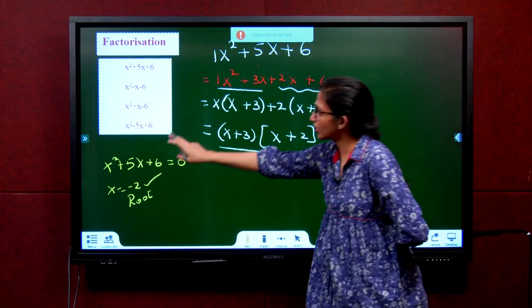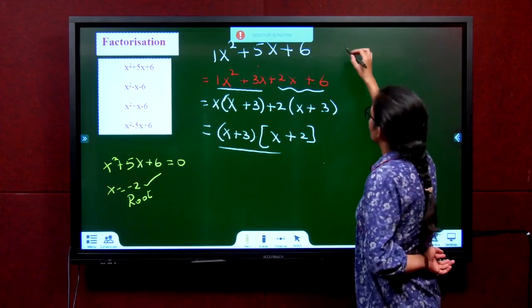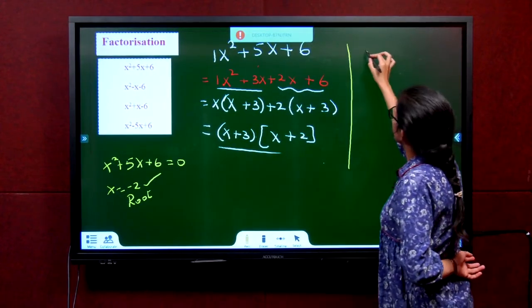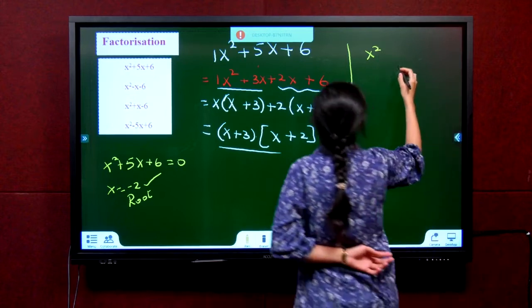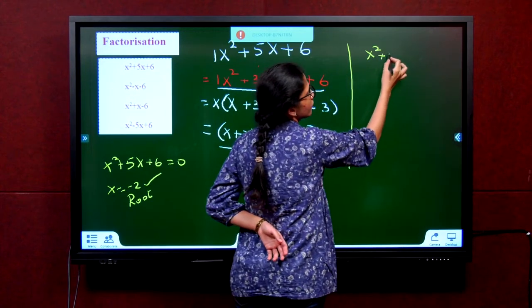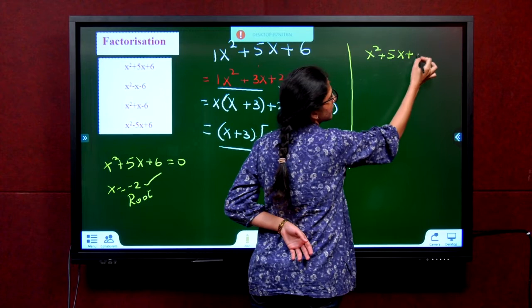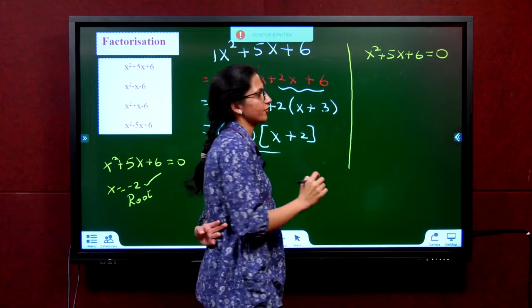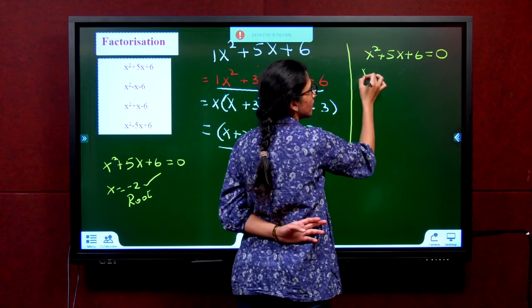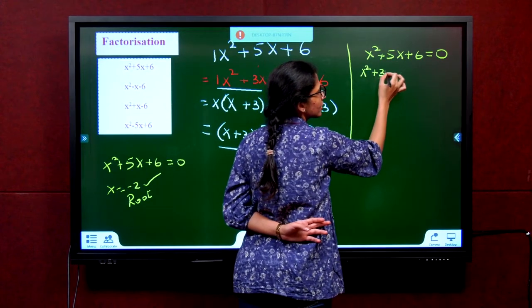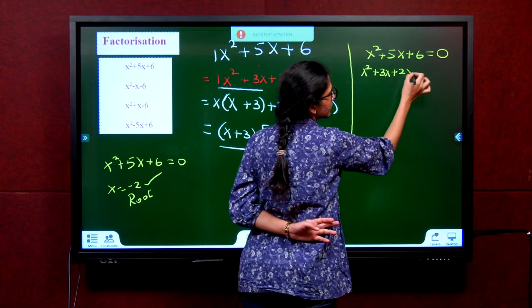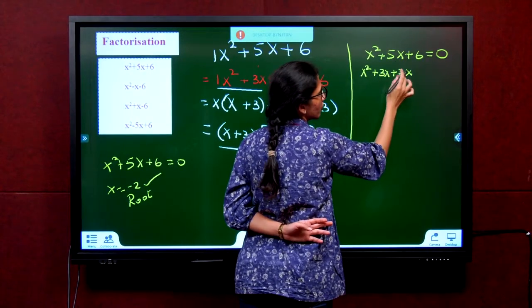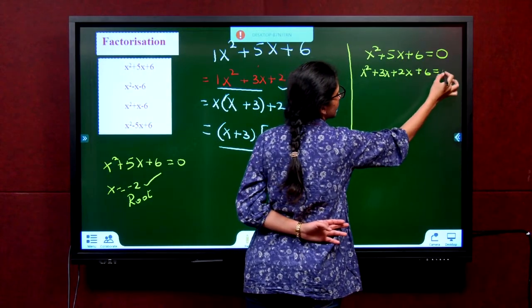This is the same question we learned to factorize. So, let us say the equation given was x square plus 5x plus 6 equals 0. Recapping factorization, you split the middle term, x square plus 3x plus 2x, 5 is nothing but 3 plus 2, plus 6 is 0.